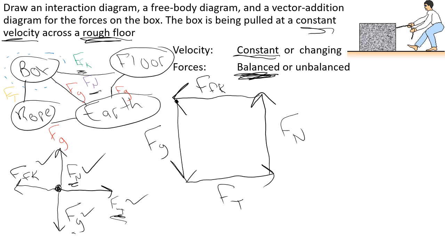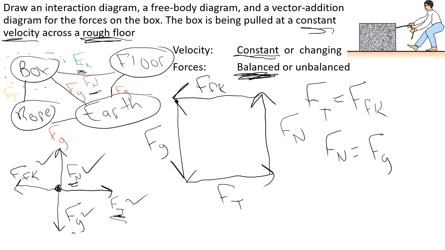And so from this diagram, I can use what I know about geometry to go ahead and start figuring out some relationships. So I know that the tension force has to be equal to the kinetic friction. And that's because this is a rectangle and the opposite lengths of rectangles are equal. And I can say the same thing about the normal force and the weight. Now I have drawn this as a square looking thing, but I can't assume that it's a square.